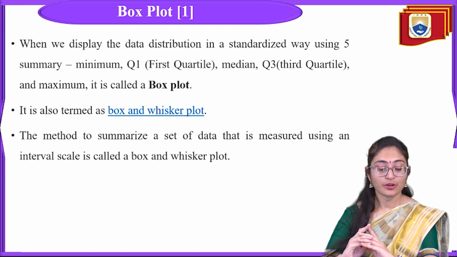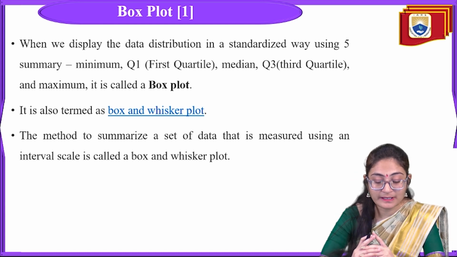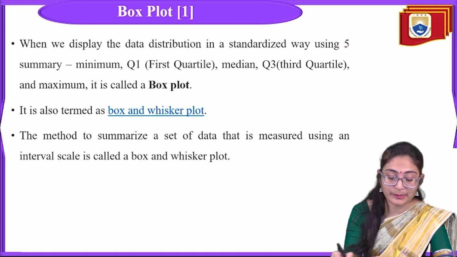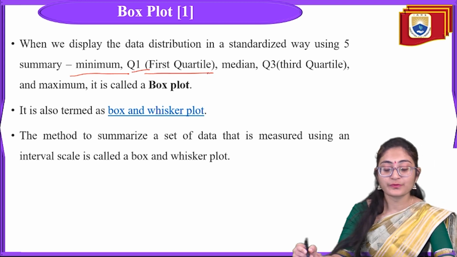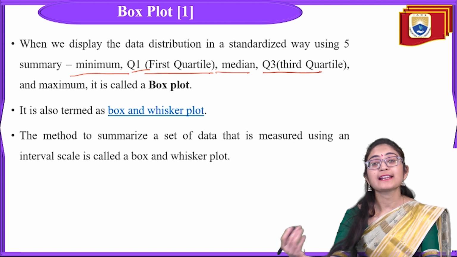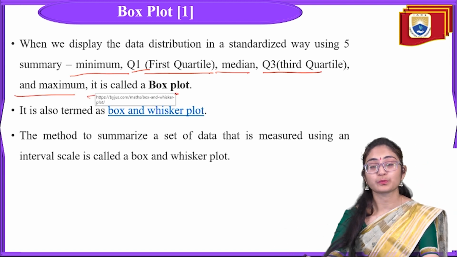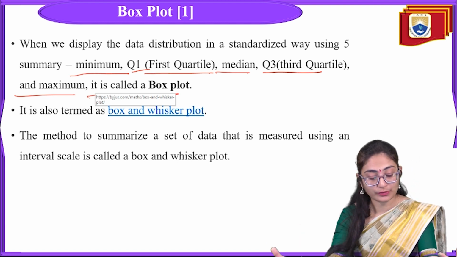First, what is meant by box plot? When we display the data with distribution in a standardized way using five summaries, like minimum, Q1, that means first quartile, median, Q3, that means third quartile, and maximum, it is called the box plot. It is termed as box and whisker plot.